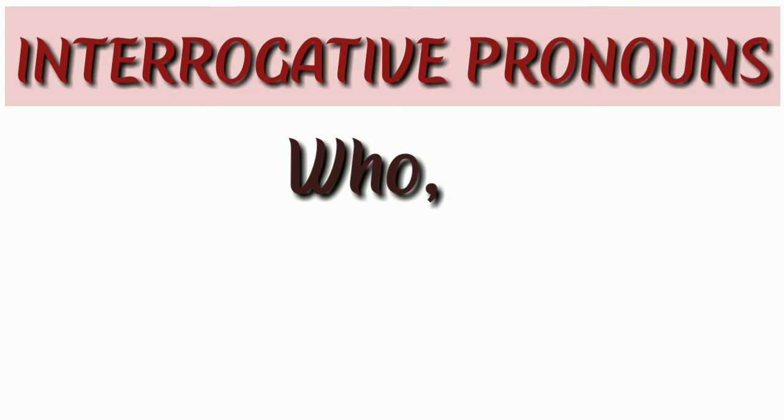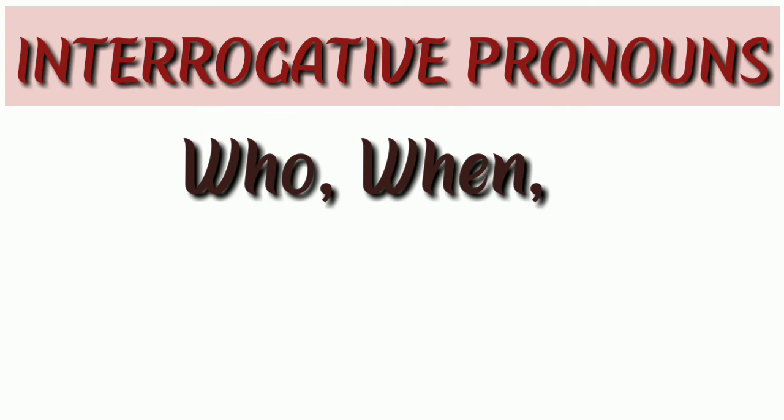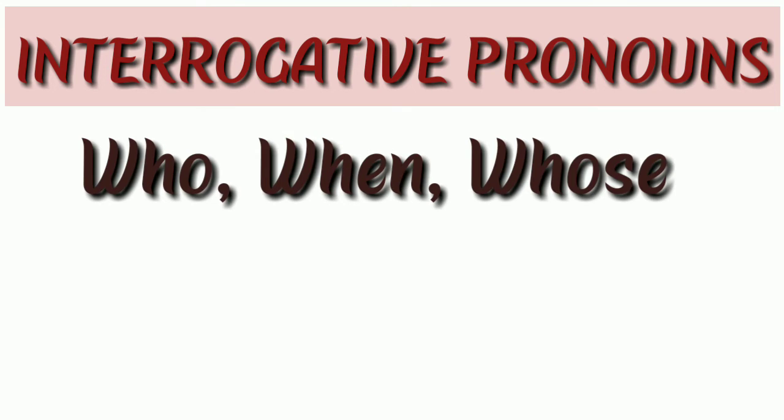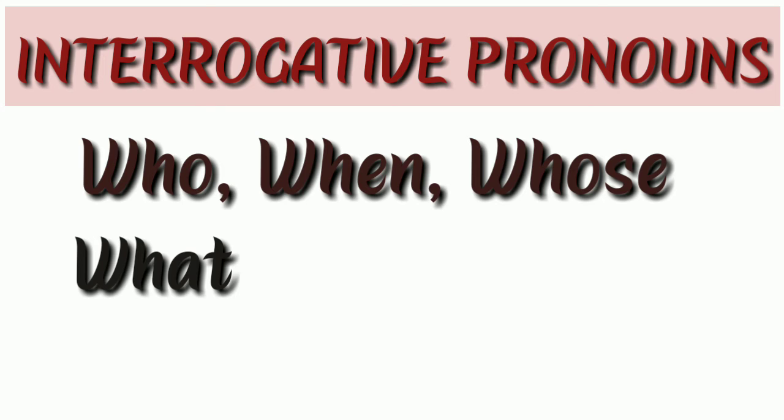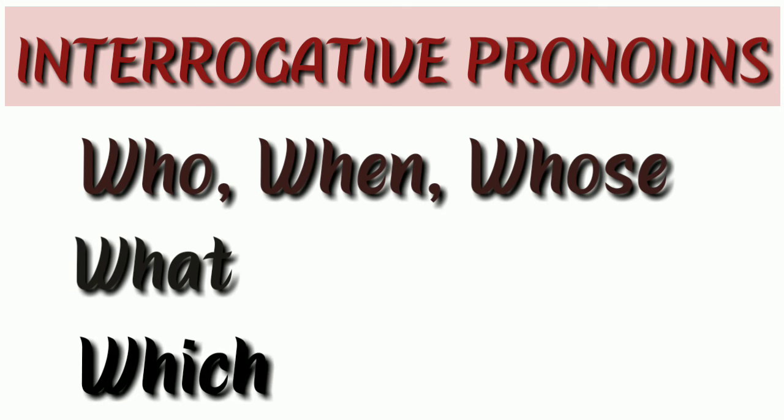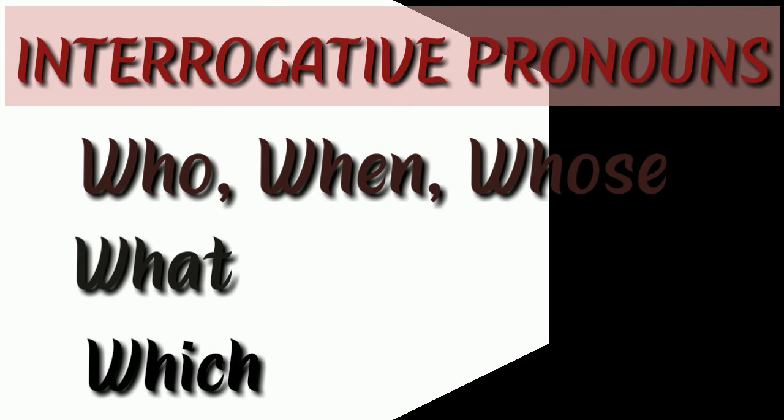They are who, when, whose, used for asking questions about persons, and what, used for asking questions about things, and which, which we use when the person who answers has to make a choice among different possibilities. So what and which can also be used as interrogative adjectives when they are placed before nouns.